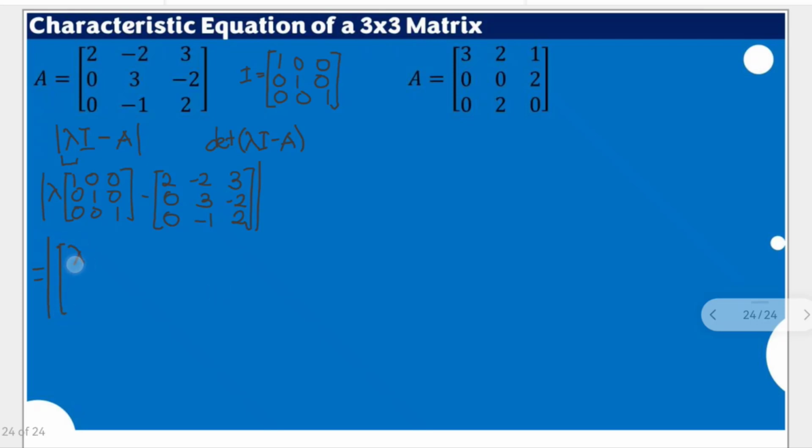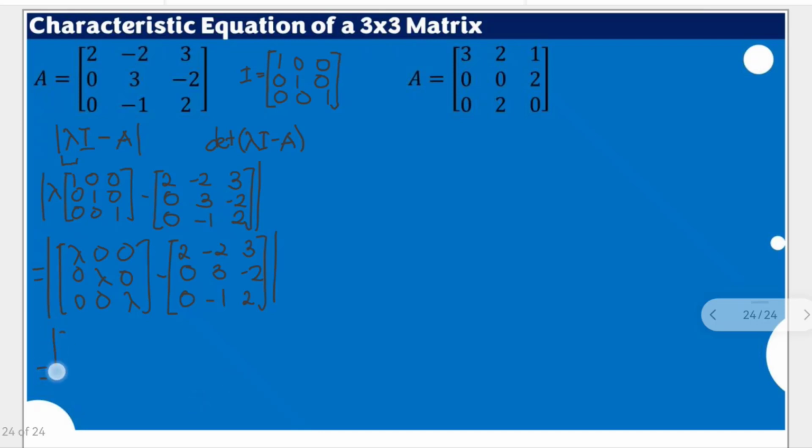So you have lambda, 0, 0, 0, lambda, 0, 0, 0, lambda, minus the same matrix A: 2, negative 2, 3, 0, 3, negative 2, 0, negative 1, and then 2. Again, it's very essential for us to use the correct identity matrix so that we can operate them using subtraction. We have a 3x3 matrix minus a 3x3 matrix, so this is possible.